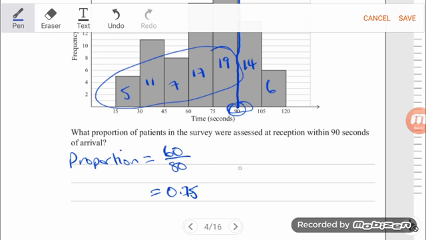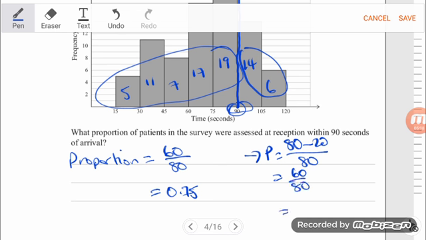And the other way we could do it is we could say proportion is equal to 80 minus add these two together, which is 20, out of 80, which still gives us 60 out of 80, which is 0.75.